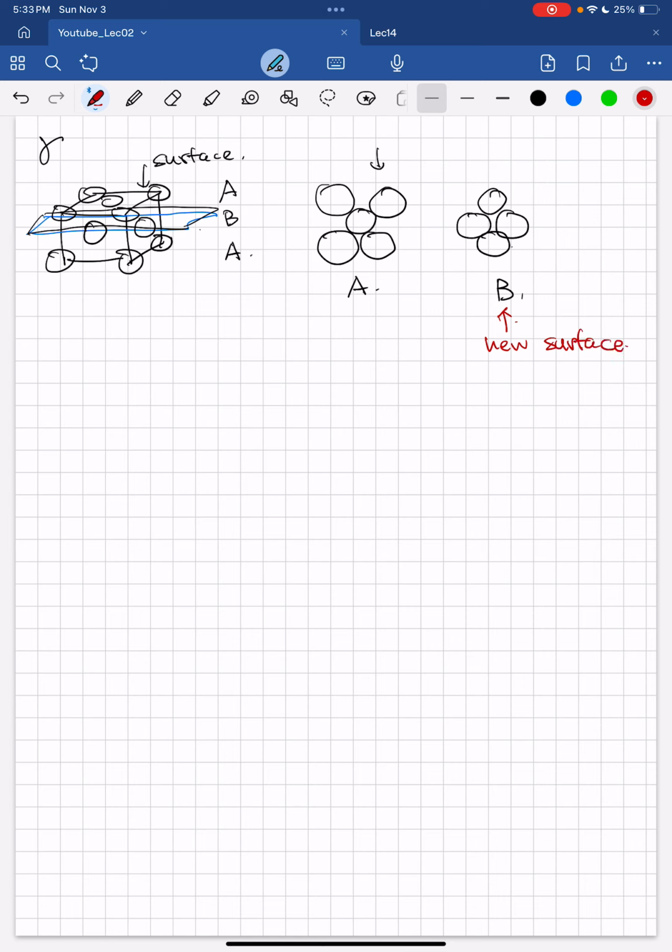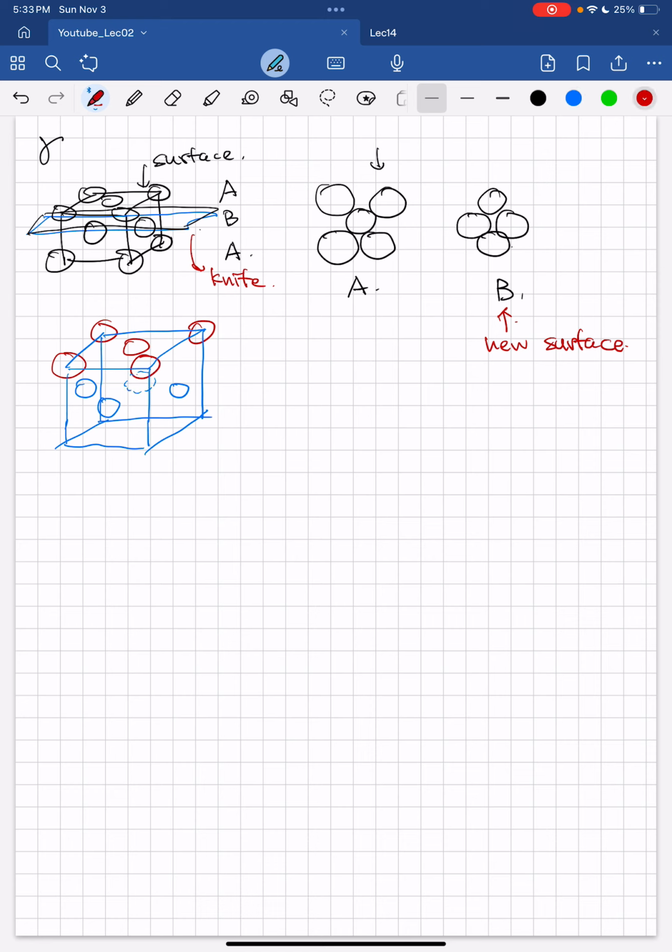Then we have to break the bond with this knife. Let's call it a knife. Okay? Then it will look something like this. Just to help you with the visualization, it will look like this.